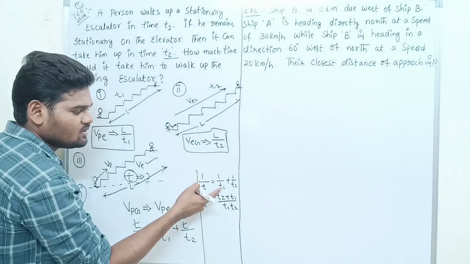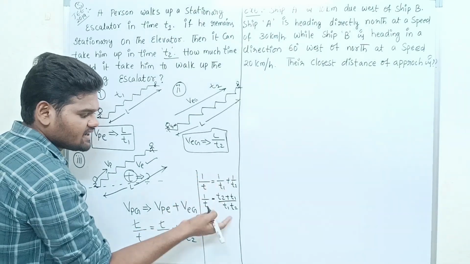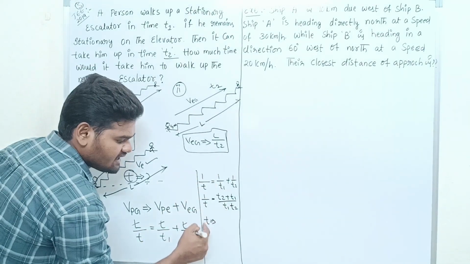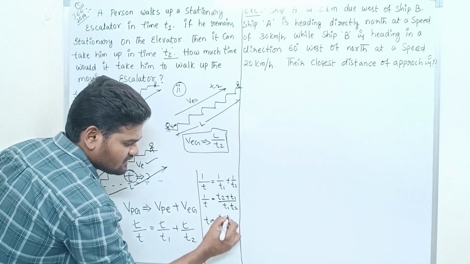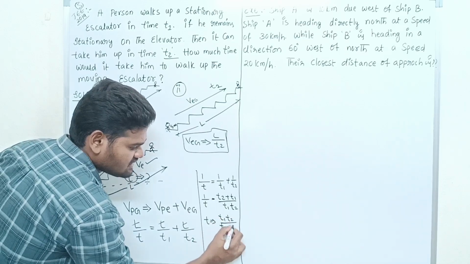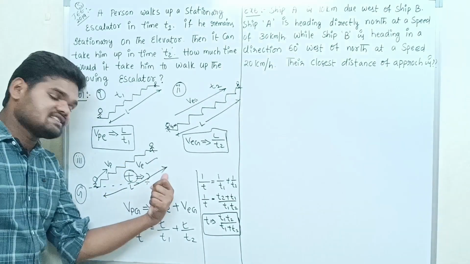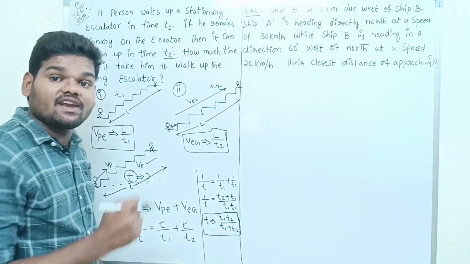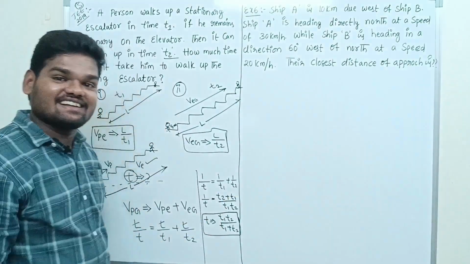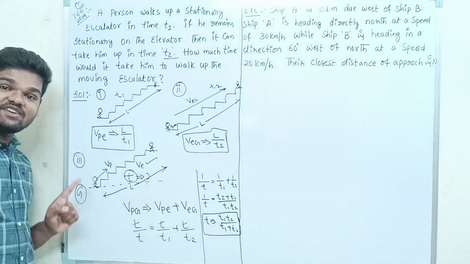Cross multiplying, T is given by T1 T2 divided by T1 plus T2. This is the time taken by the person to cover distance L when he is moving on a moving escalator. Did you understand?